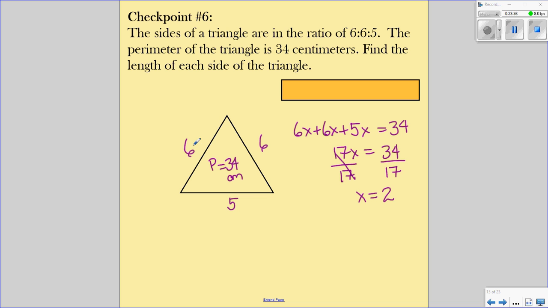So I'm going to put 6x, 6x, 5x. Now 6 times 2, I just put it twice because I know there's 3 sides. So this would be 12 centimeters, this would be 12 also, and 10 centimeters.